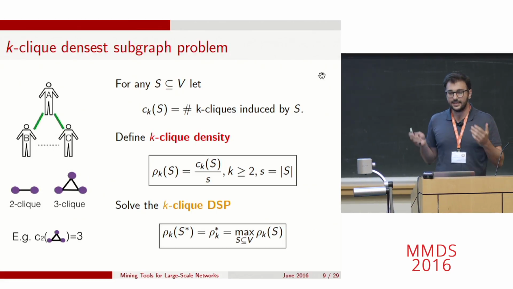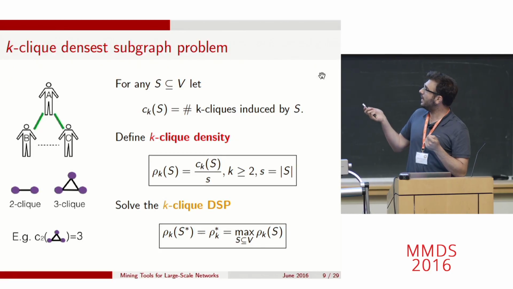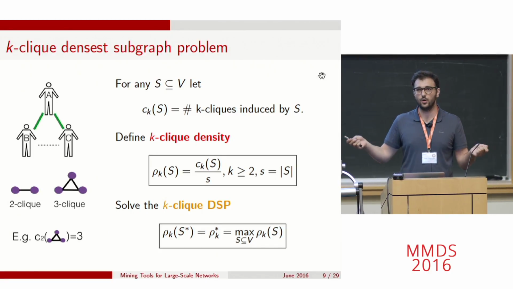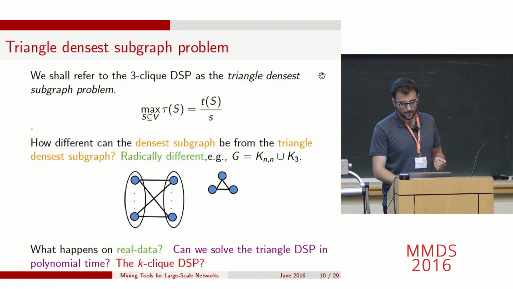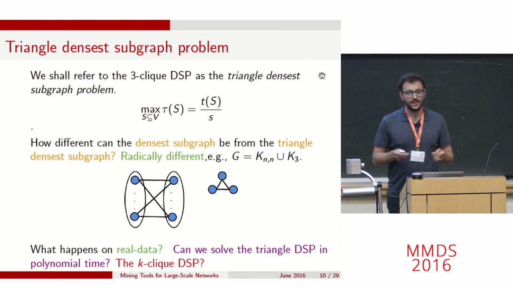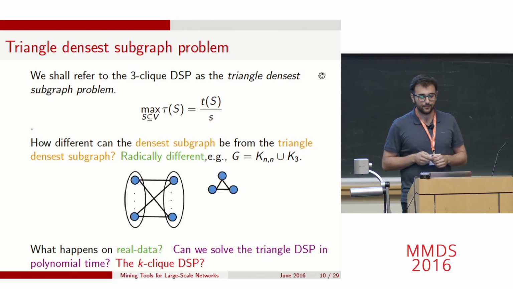So the k-clique densest subgraph problem is the following: maximize this notion of density over all possible subsets of nodes. The 3-clique case, as a special case, I'm going to refer to as the triangle densest subgraph problem, and this is a notation I'm going to use.